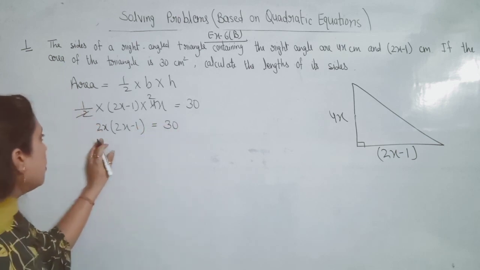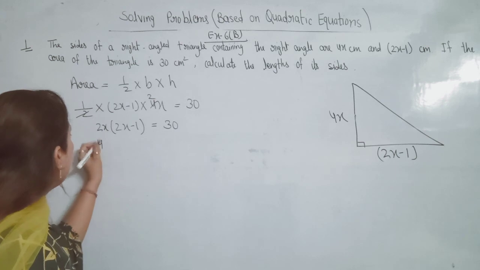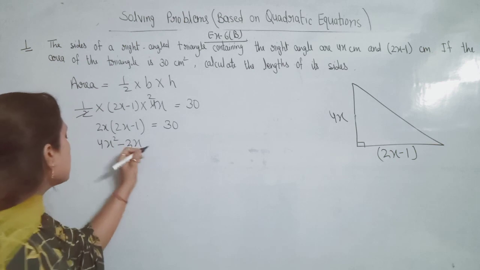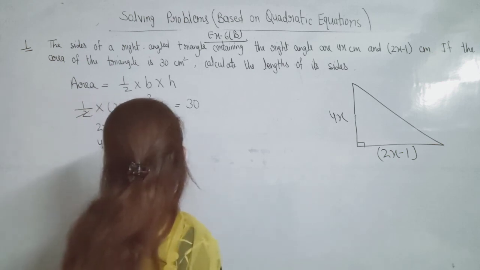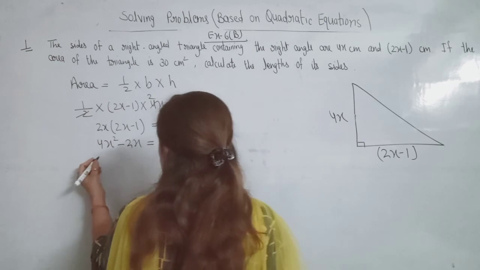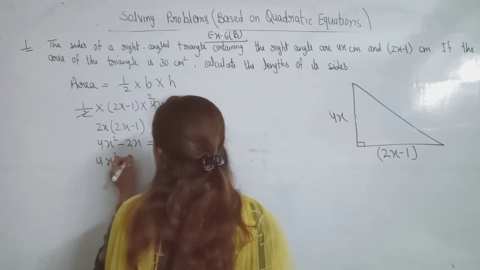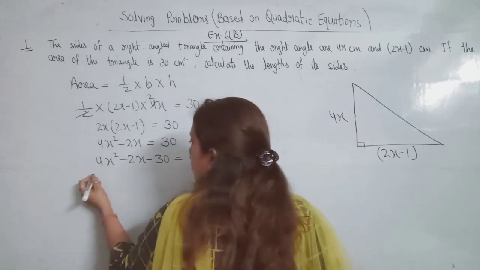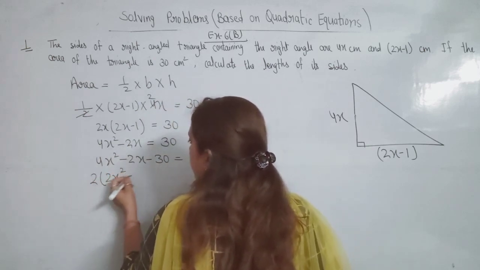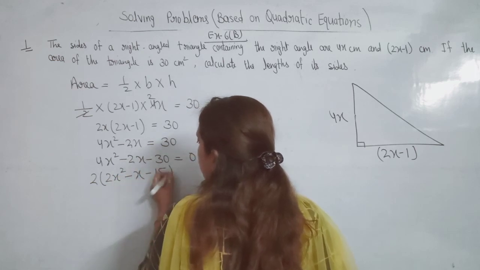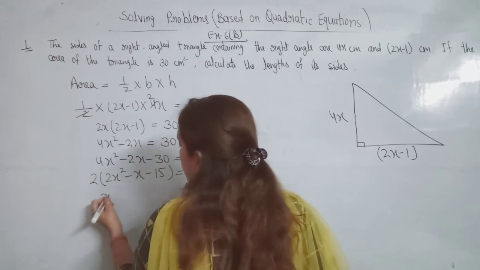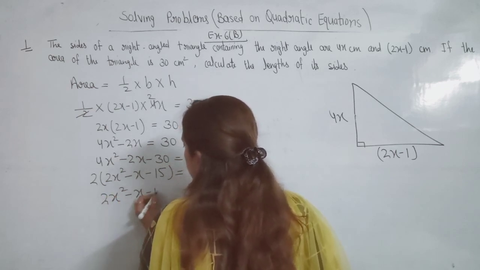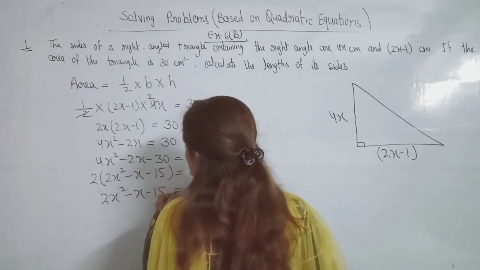Now open the bracket: 2 into 2, 4x² minus 2x is equal to 30. Send the constant to the same side: 4x² minus 2x minus 30 is equal to 0. Now 2 is common: 2x² minus x minus 15 is equal to 0.